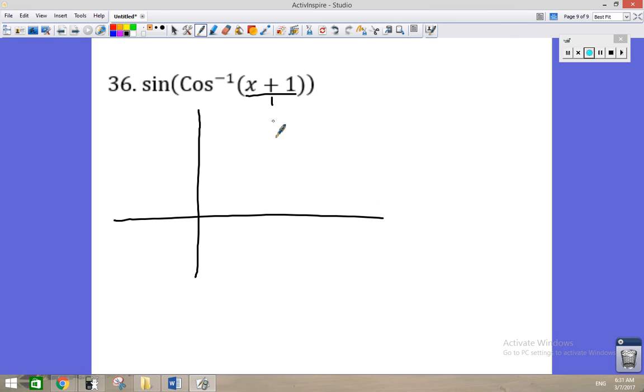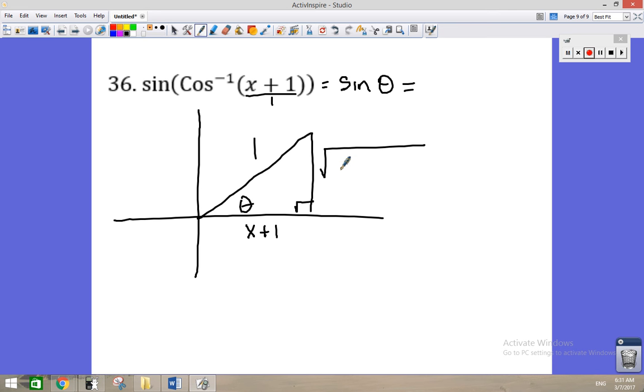Let's make this over 1. X plus 1 over 1, if we call that theta. So what is the sine of theta? By the Pythagorean theorem, we've got this, and I'm not even going to bother squaring that out, I'm just going to leave it like that. Sine of theta is that over 1.